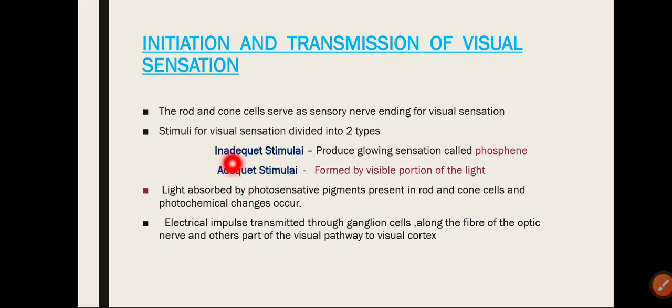Inadequate stimuli produce glowing sensations called phosphene, and adequate stimuli are formed by the visible portion of light. Light is absorbed by the photosensitive pigments present in the rods and cone cells and photochemical changes occur. Electrical impulses are transmitted through the ganglion cells along the fibers of the optic nerves and other parts of the visual pathway to the visual cortex.